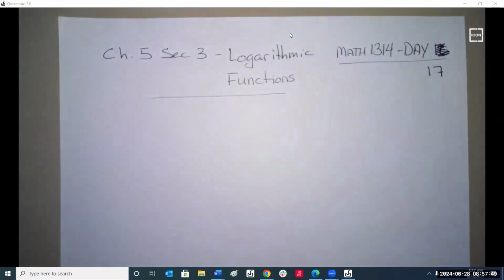Good morning, everybody. Today we're going to do a couple of sections, but they deal with logarithms. Yesterday, the last section, we talked about exponential functions, and we saw how they look.